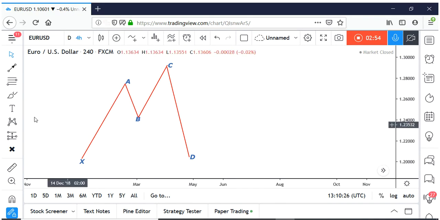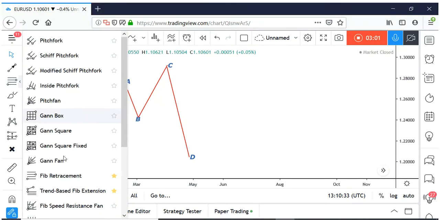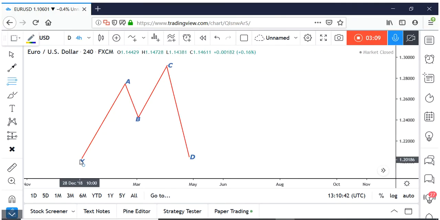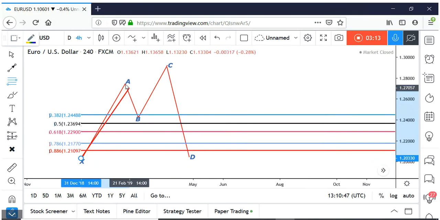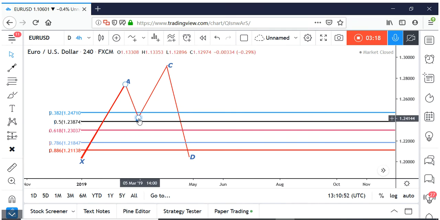Now you need to go to your fib tools. Fib retracement is the first tool that you need. You measure from X to A. Your pullback down, your B, has to touch the 0.382 fib retracement.